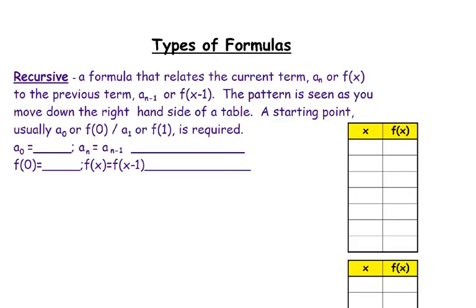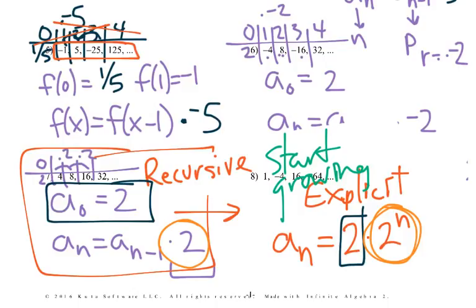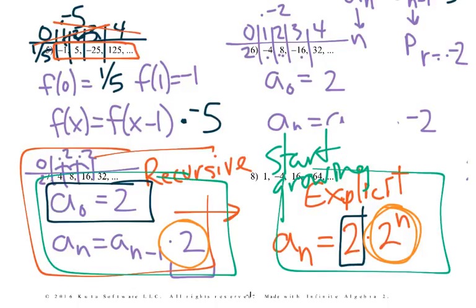Okay, so whether it's arithmetic or geometric, these are going to be the same process. The difference, arithmetic's going to have a plus and a variable down there. Okay, that's the only difference. So if you can do it for geometric, you can do it for arithmetic, and vice versa.